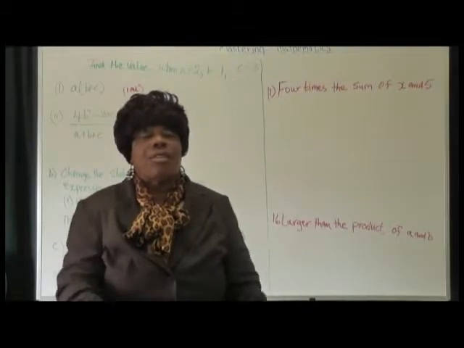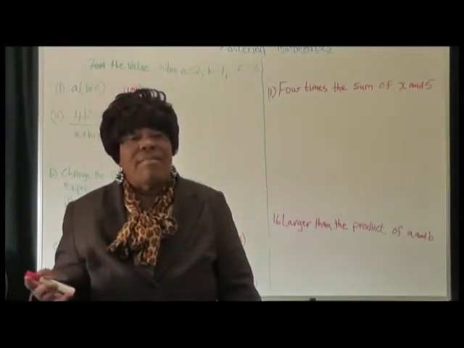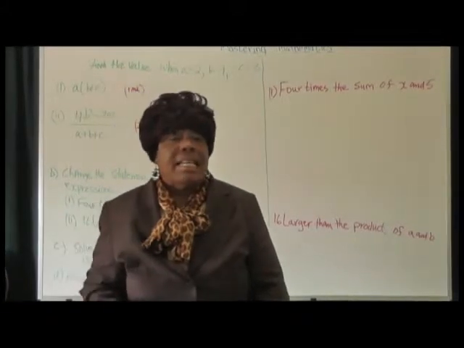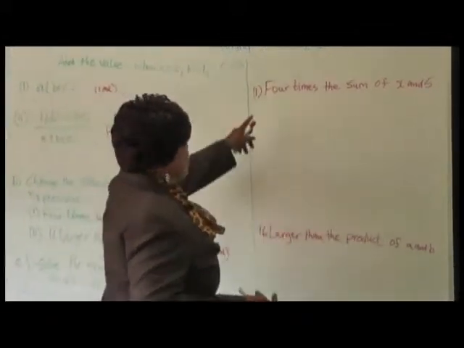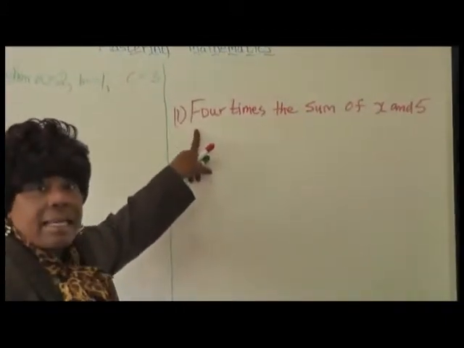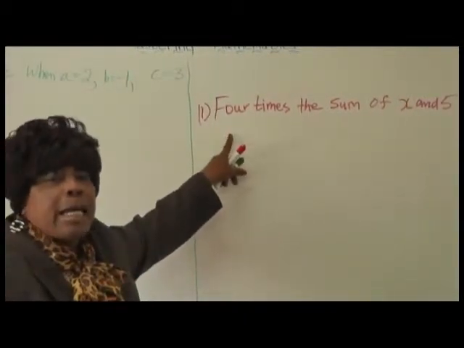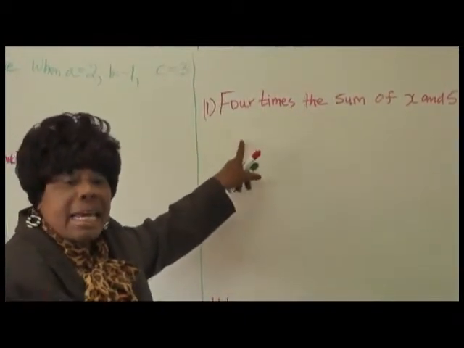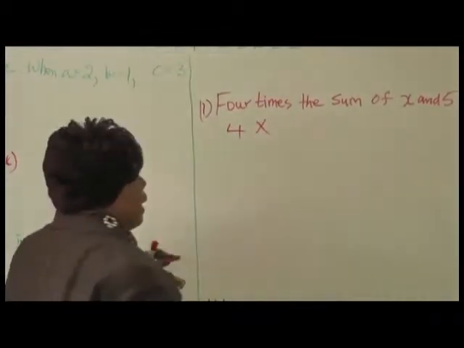So if they're asking you for an expression, and it's algebraic, it's going to have letters. And you see that they have given us x and y. What is involved in examining this question where we have 4 times? We know 4 times 1 is the same thing, so it would be 4 multiplied by.